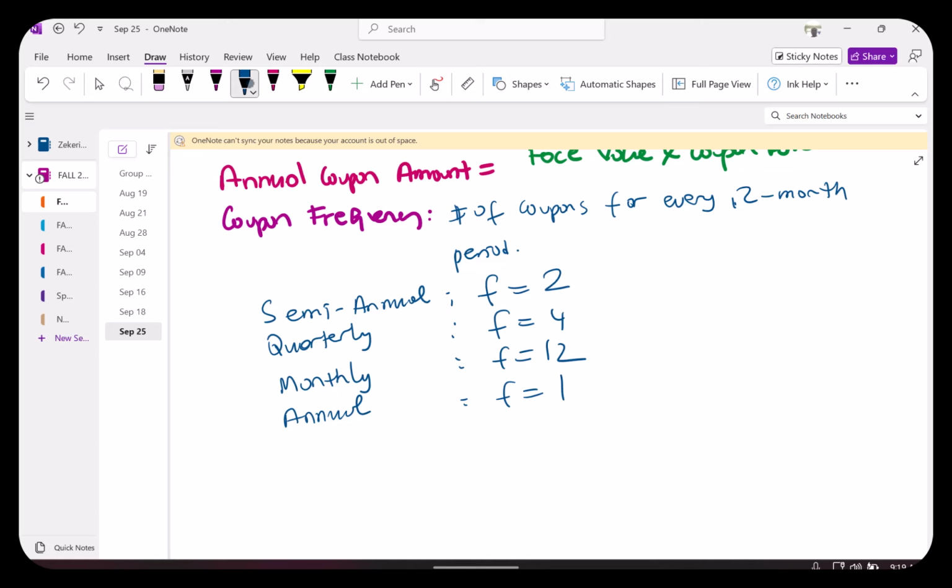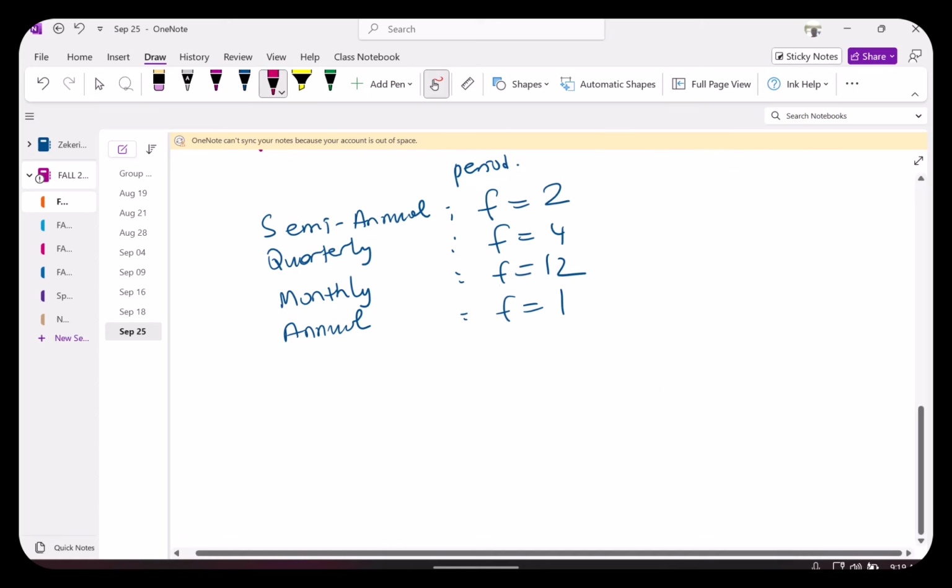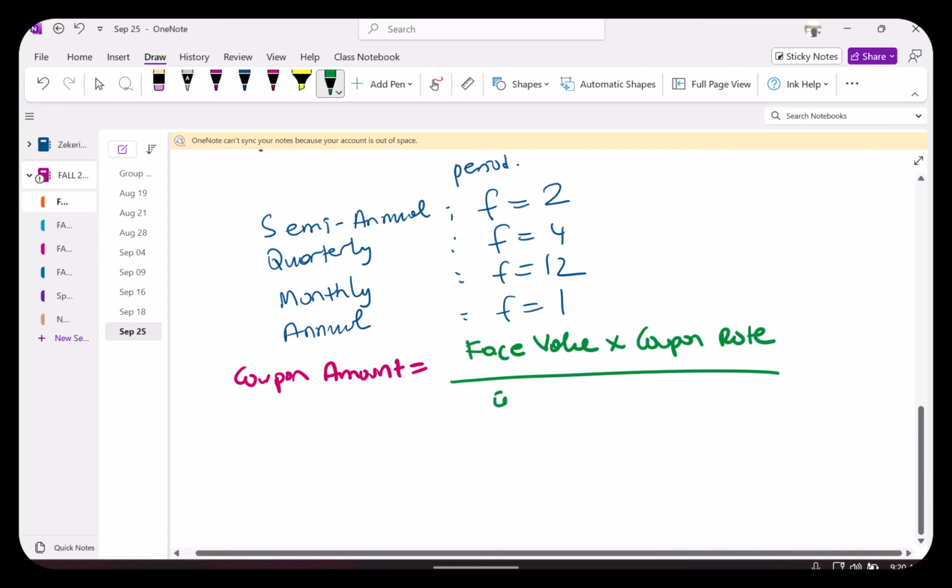And coupon amounts can be calculated easily. It's face value times coupon rate divided by coupon frequency.